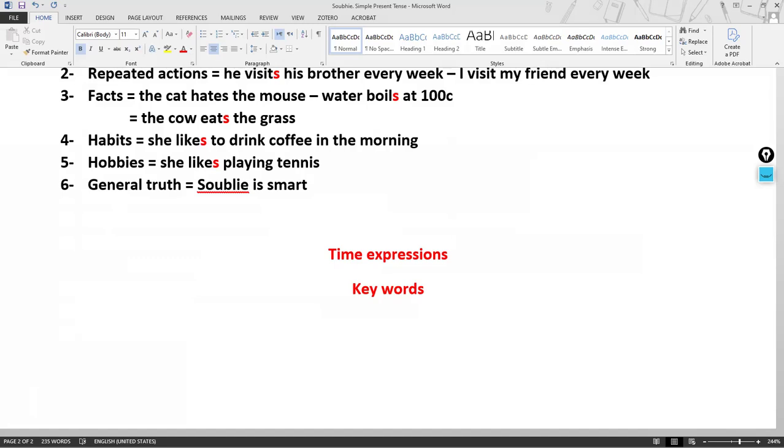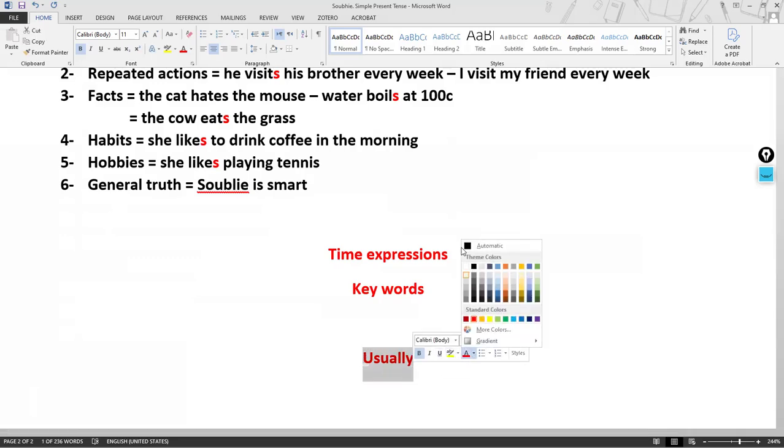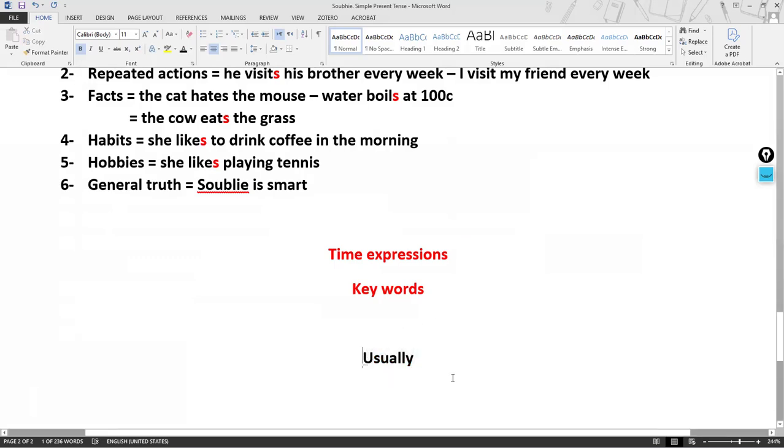For example, the first time expression for using the simple present tense is usually. Usually could be used only with simple present tense. Don't use it with simple past, please. Now the second keyword or time marker is always. Always means all the time. Always is a keyword. I have to use it with simple present tense.